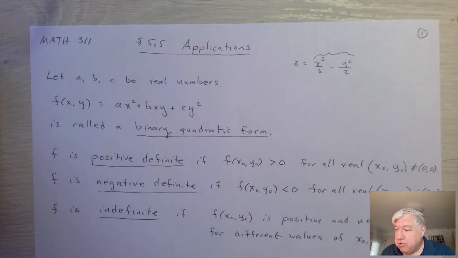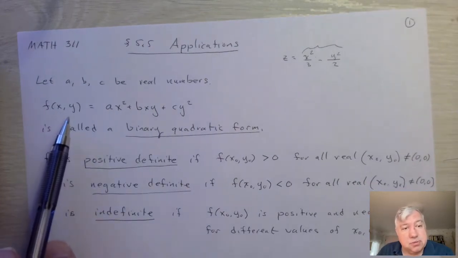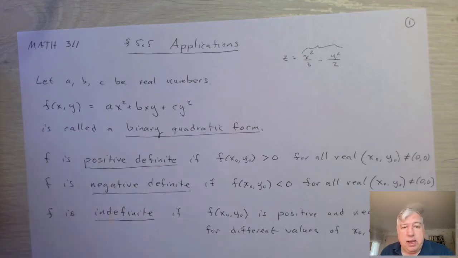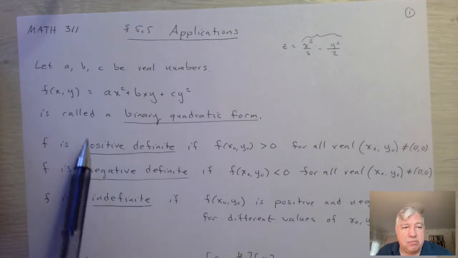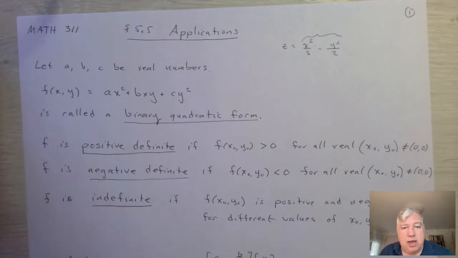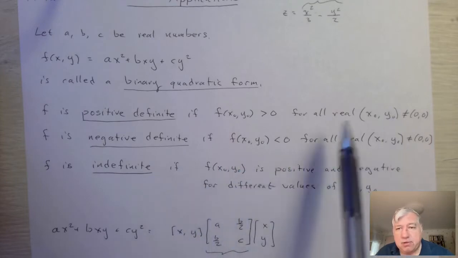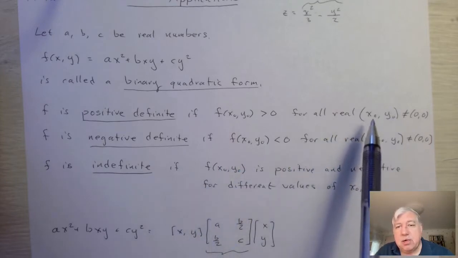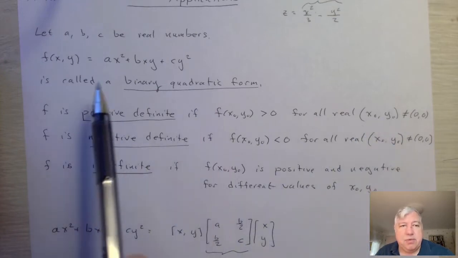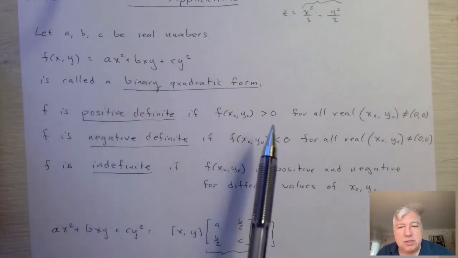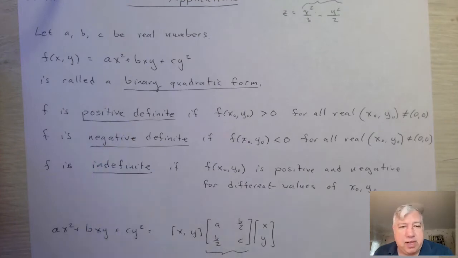You can also identify it as a function in two variables, x and y. As a function, we can plug real numbers in for x and y. If we plug in a non-zero pair x, y and we always get something positive, then we say this is a positive definite binary quadratic form.